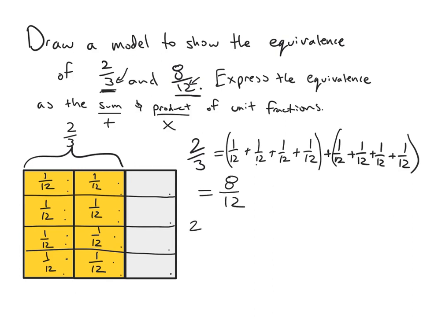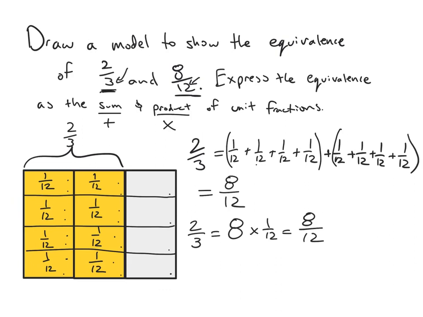And the problem asks me to show the equivalence as the product of unit fractions. So to write a multiplication sentence, I know that 2/3 is going to be equal to 8 copies of 1/12, which is the same as 8/12.